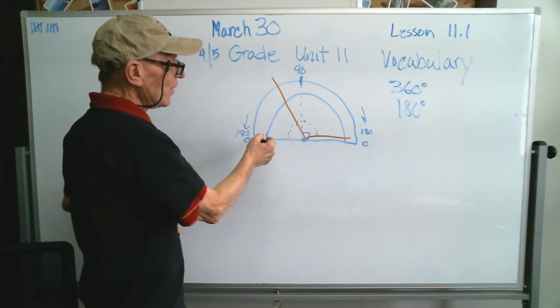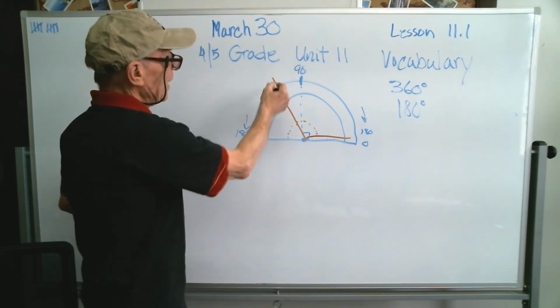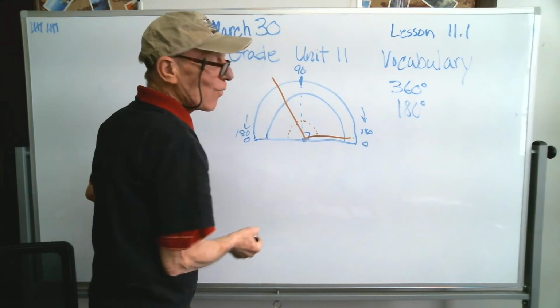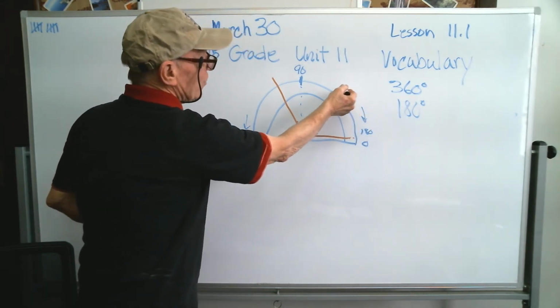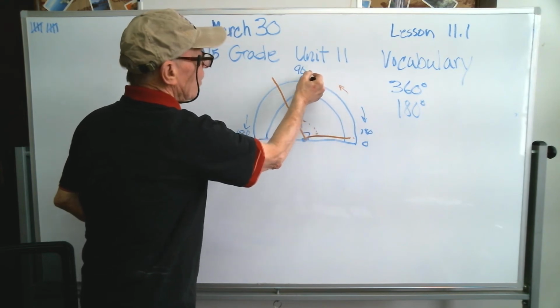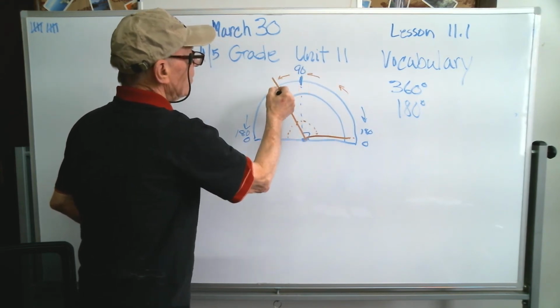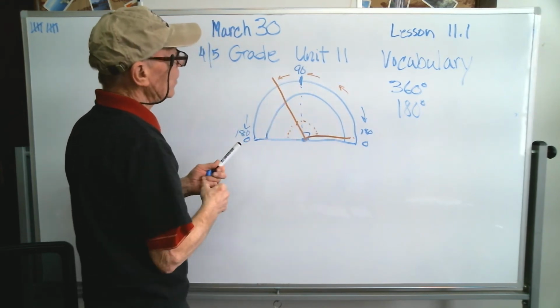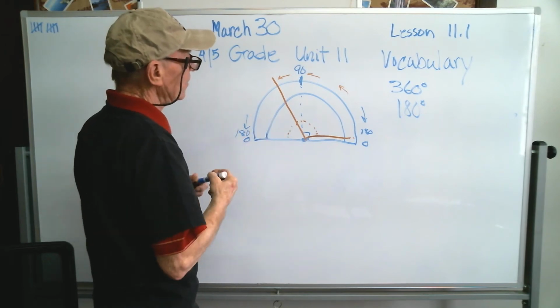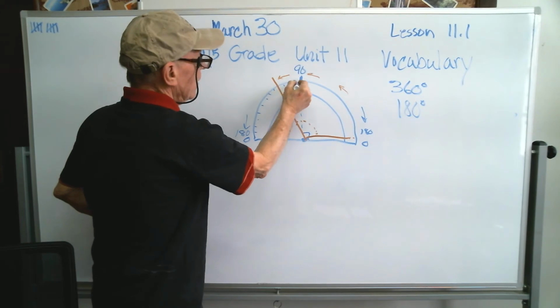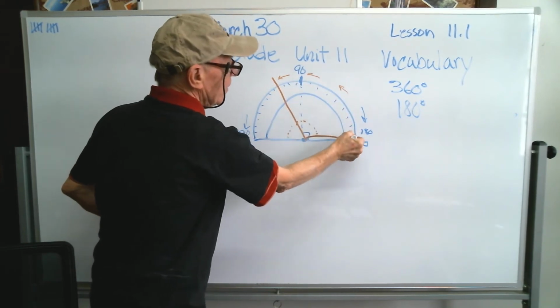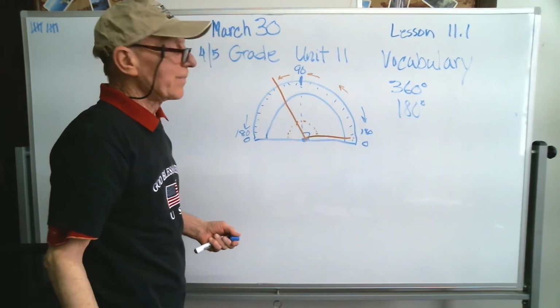So looking on the protractor, we're going to start here and go in this direction until we get to the point here, and then we look on the scale because this is marked off all the way around it in degrees.